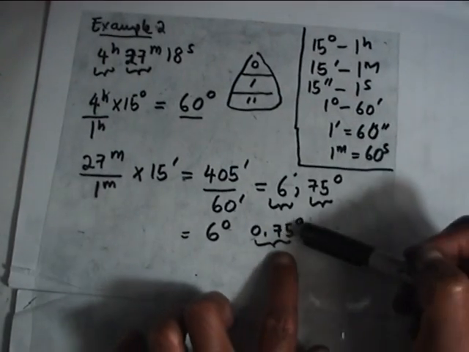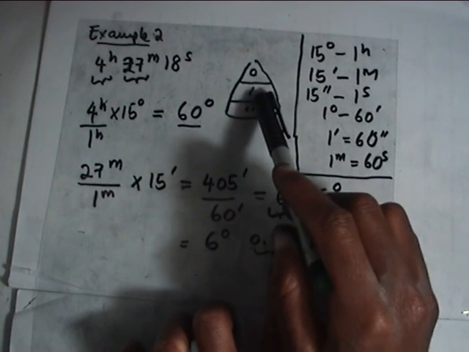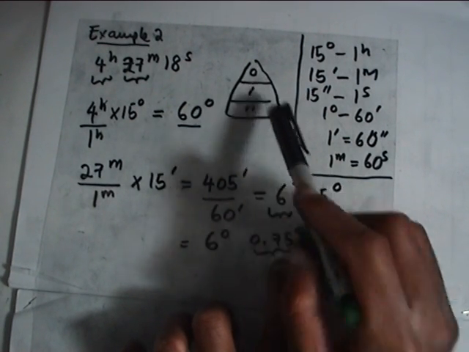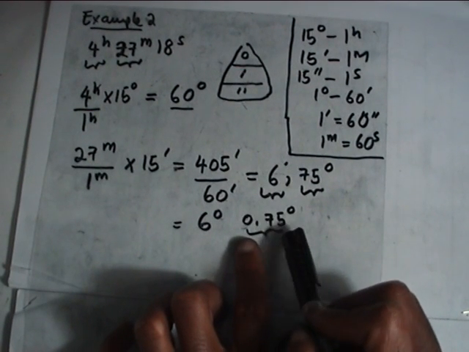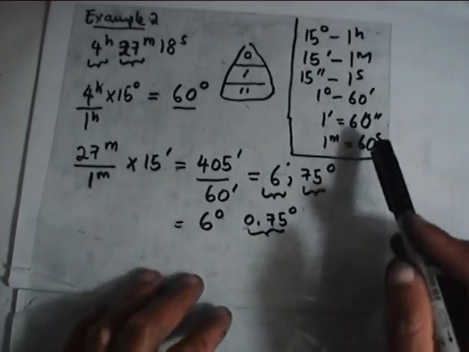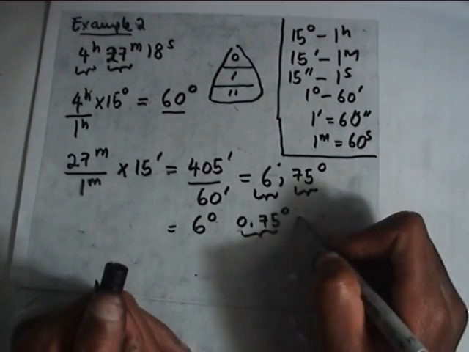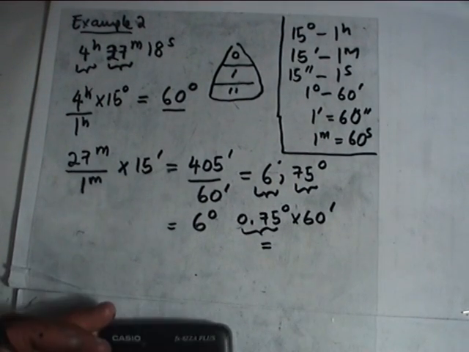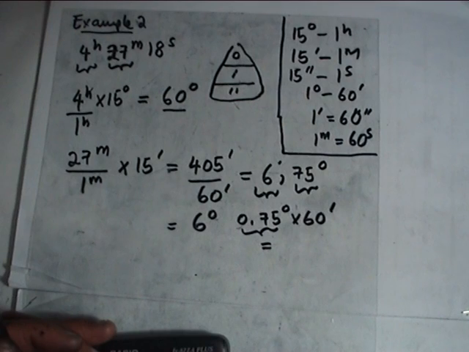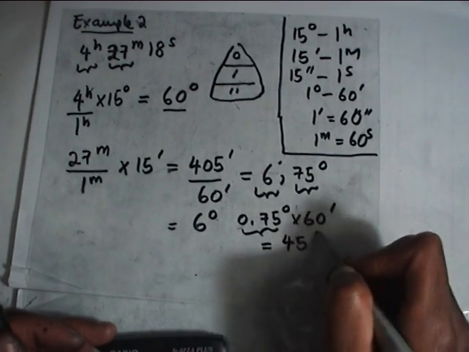So since this 0.75 couldn't make the cut to be a full degree, they are now arc minutes. So let's convert this 0.75 degrees to arc minutes, we just multiply it by 60 because in a full degree there are 60 arc minutes. So 0.75 times 60 is equal to 45 arc minutes.